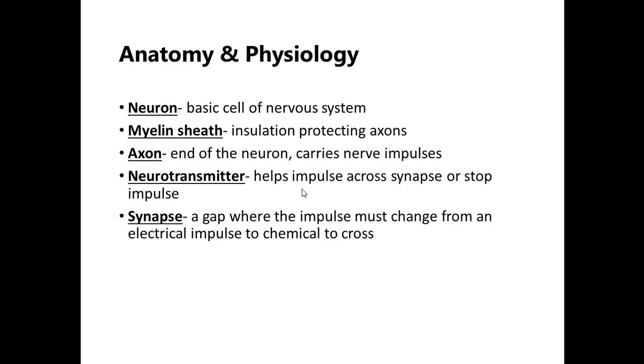So the central nervous system is the brain and the spinal cord. The peripheral nervous system includes the autonomic nervous system, which includes the sympathetic and parasympathetic systems. The sympathetic system is the fight or flight response, and controls things like heart rate and respiratory rate.